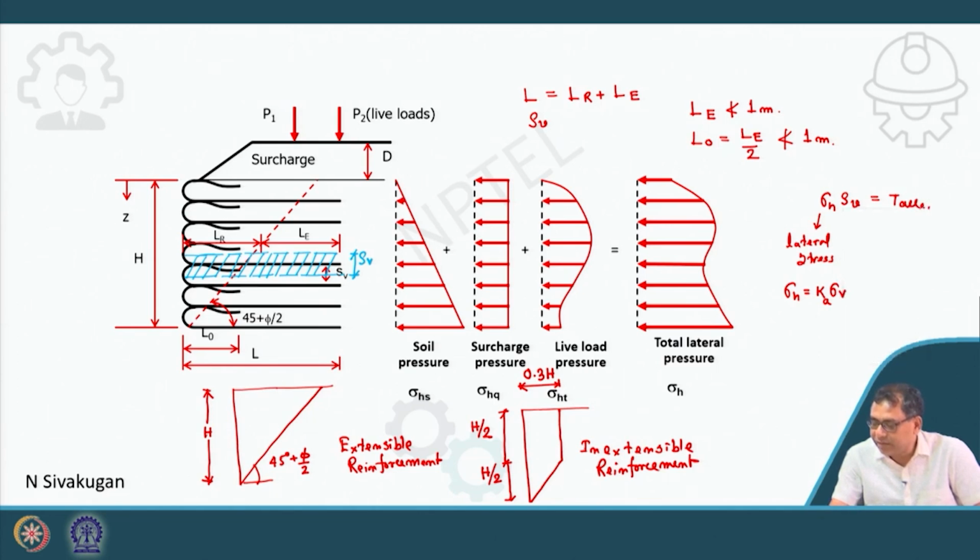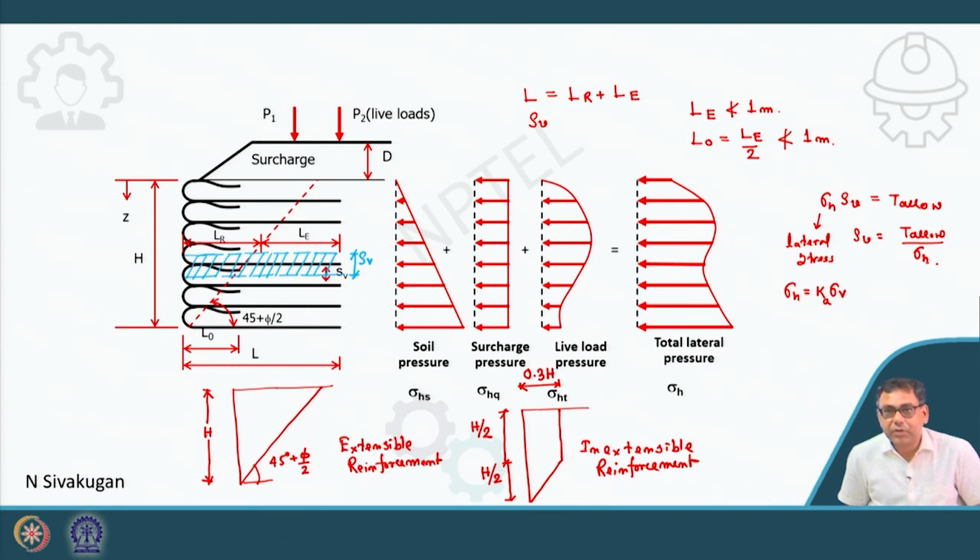So, that should be T allowable. If I utilize the full T allowable, then this is the expression. So, from that I will get that my SV is equal to T allowable divided by sigma h.